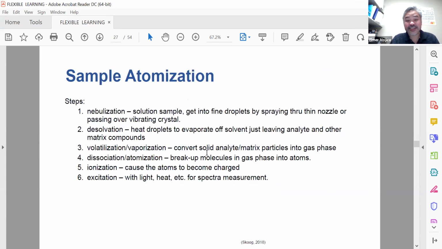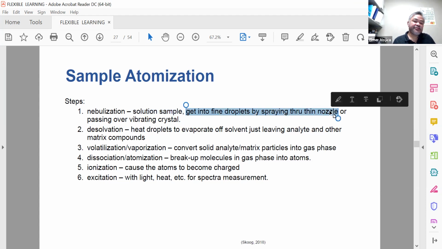So let's look at the steps. Nebulization is the first step. That's where you introduce your sample. The solution sample gets turned into fine droplets by spraying through a thin nozzle or passing through a vibrating crystal. Once there's nebulization, the next thing that you have is desolvation. What is desolvation?